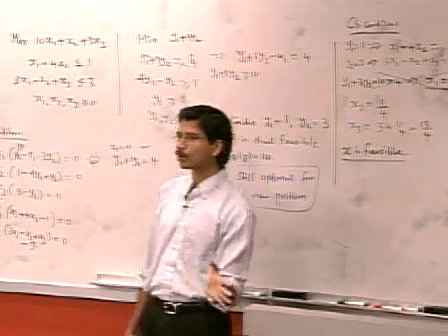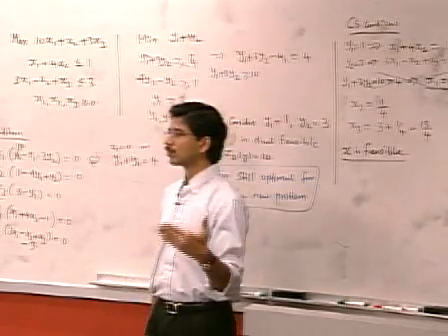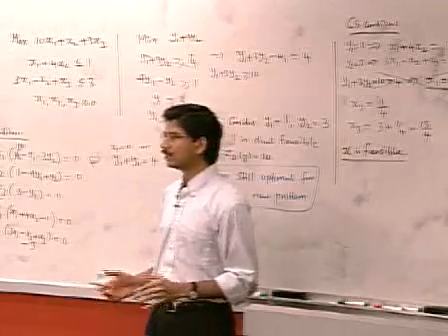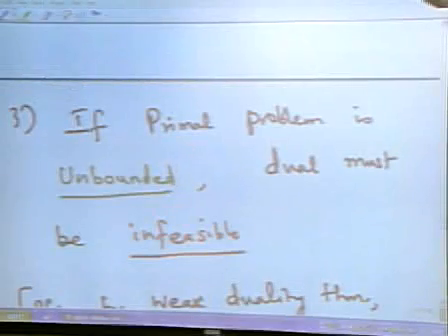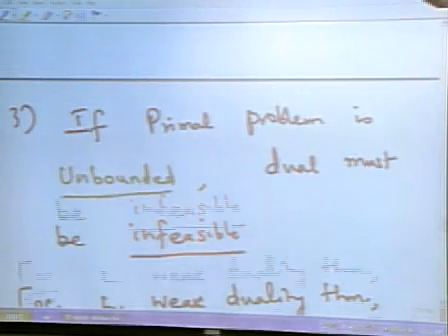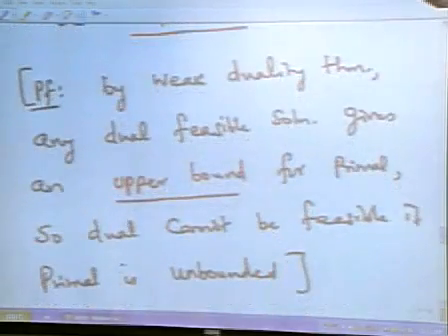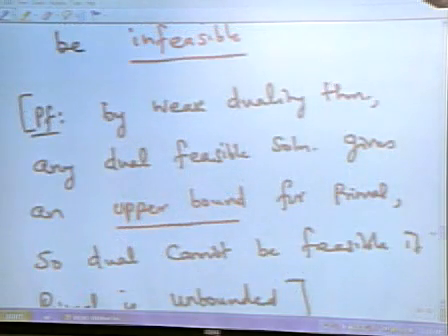The primal cannot be bigger than 1 million. Therefore, if you know that your primal problem is unbounded, then the dual problem cannot have any feasible solution. It's just weak duality. So that's what's written down here.